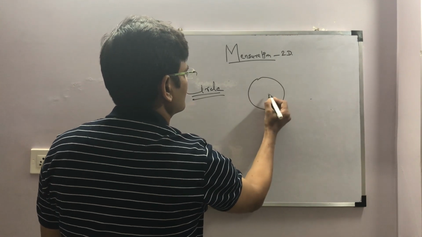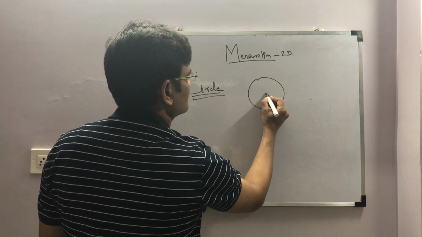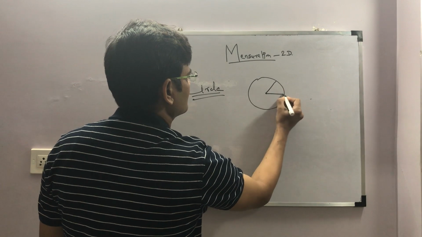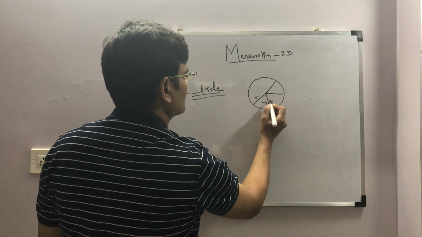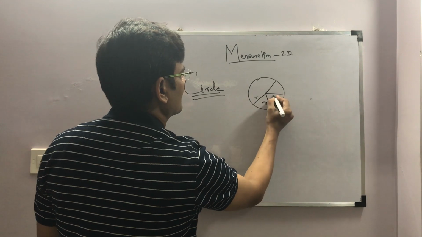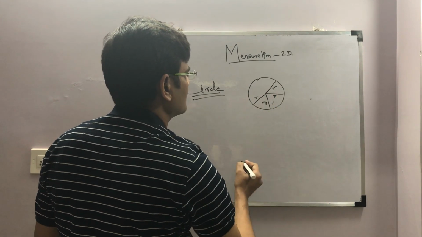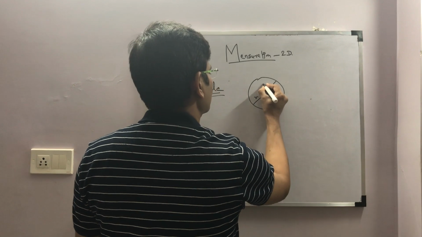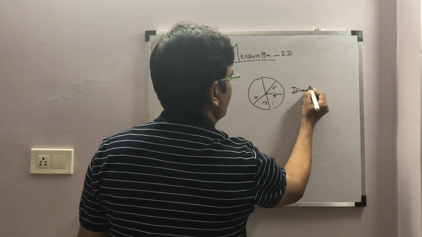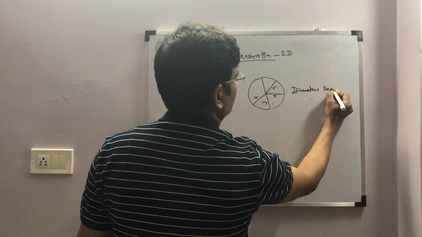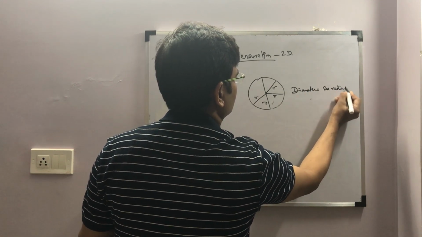This is a circle. This is the center. The distance from the center to any point on the circle is the radius. You know that all are equal. This is r, r, r, r, radius r. And you know diameter, right? r plus r. Diameter is 2r, 2 into radius.